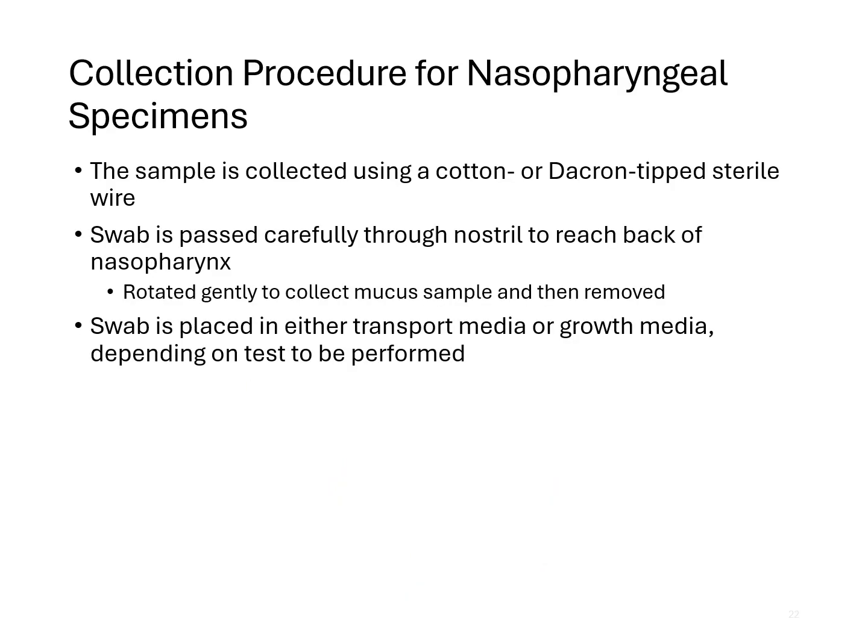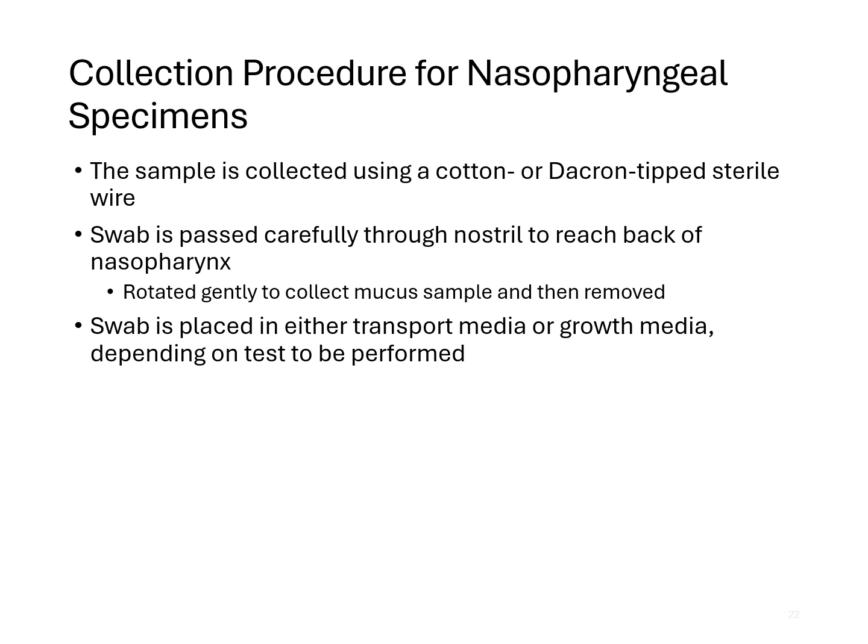The collection procedure for the nasopharyngeal specimen is that the specimen is collected using a cotton or Dacron tipped sterile wire swab. The swab is passed carefully through the nostril to reach the back of the nasopharynx, and then it is rotated gently to collect a mucus sample and then removed carefully. This is not a pleasant procedure for those of you that have had it done. I'm sure you are aware and probably don't want to have it done again, but just know that it's not comfortable for patients.